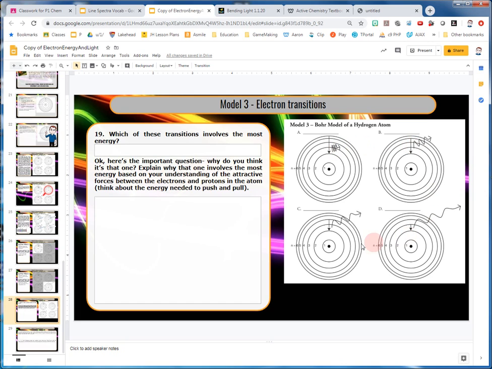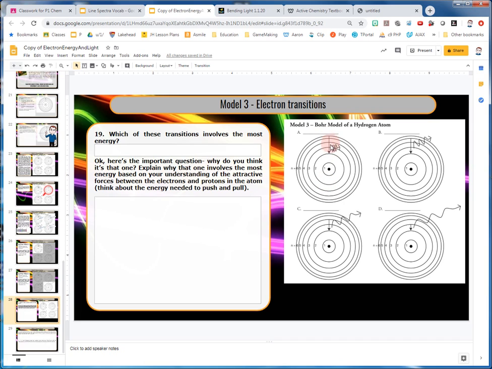There's another way of looking at it, though. Isn't the electron in Model A traveling the farthest? The electron in Model A is going from N6 to N2. None of these other ones are making as long of a journey.